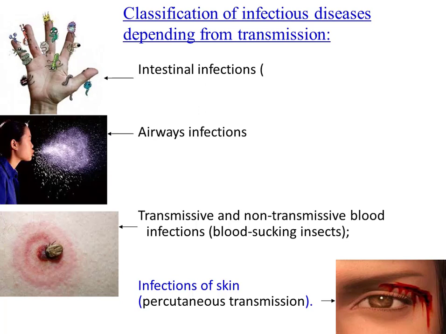Non-transmissive is due to injection or maybe transfusions, so it's infection through the blood which is not connected with vectors. And the last type of infectious disease is infection with percutaneous transmission, the contact pathway, infections through the skin or the mucous membrane.